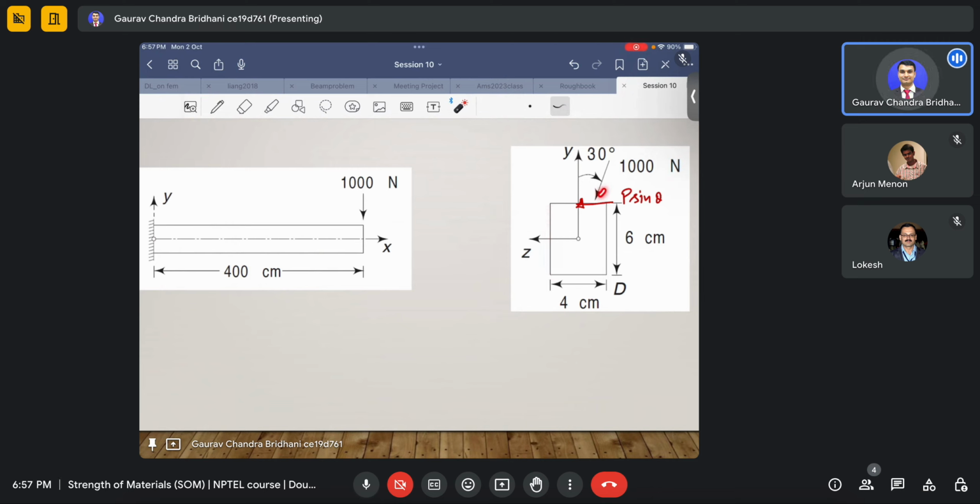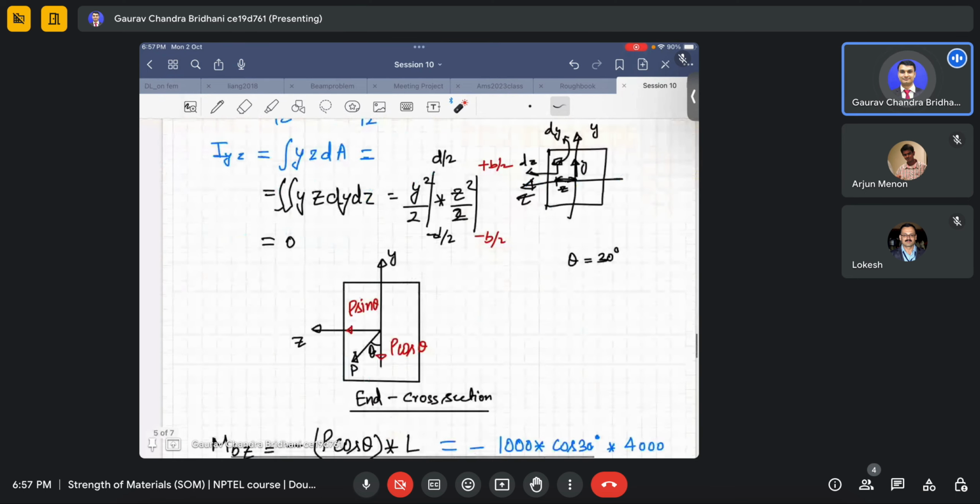The edge just behind this edge on the other side will be in tension, and the edge visible to us will be in compression. So again it is a kind of hogging. So we will write the MBY also.